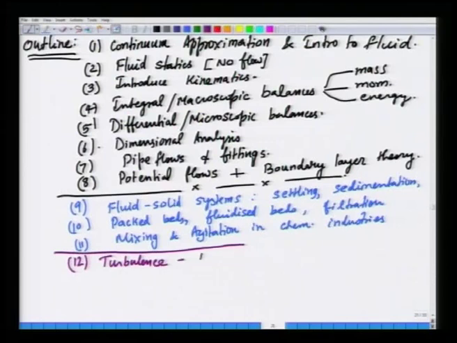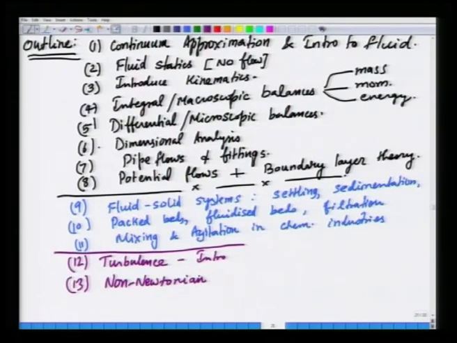So, we will give a brief introduction to turbulence, okay, and derive some basic equations of turbulent flows. Okay. So, that will be the next part, and finally, we will discuss non-Newtonian flows. I will discuss what these are as we go along.